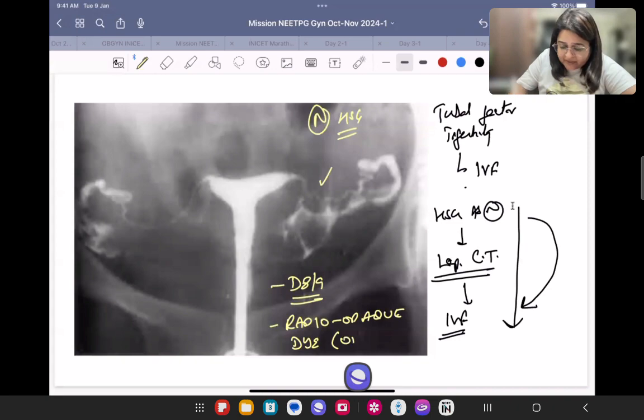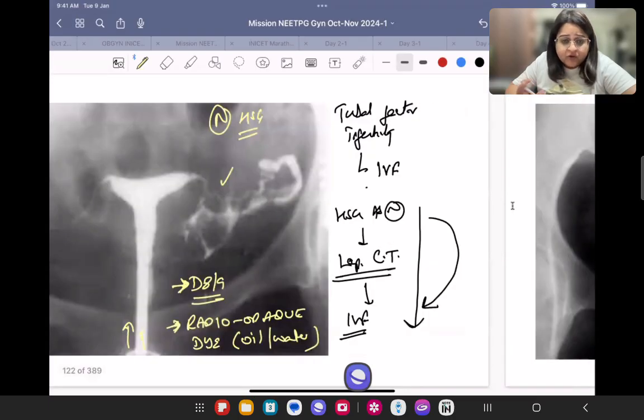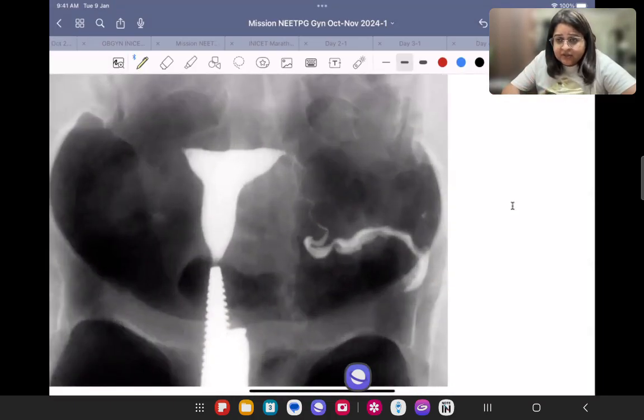This could be oil-based or water-based dye. Okay? And the dye is injected through the Leech Wilkinson cannula, and that is done under local anesthesia. Rarely, if it's very painful, then we may require general anesthesia, but it's usually done under local anesthesia, or we give a painkiller.